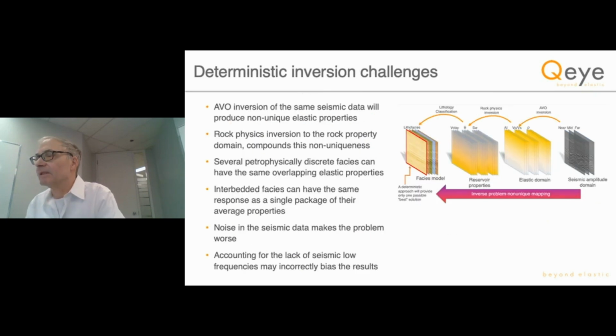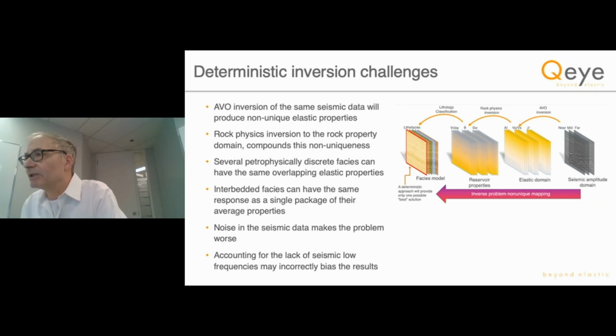So what are the detailed challenges for deterministic inversion? Basically, AVO inversion of the same seismic data will produce a non-unique elastic property. So what that means is that these elastic properties will actually equally describe the input seismic data, whatever combinations. And that's non-uniqueness because it's ill-posed.